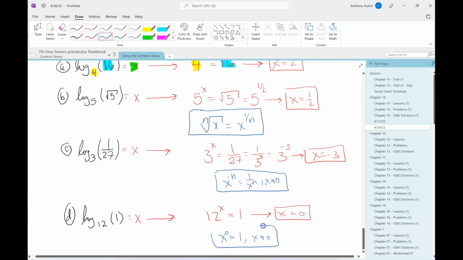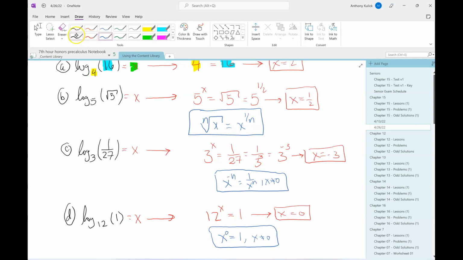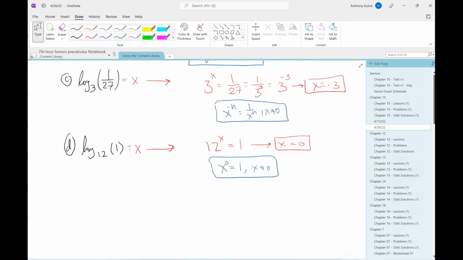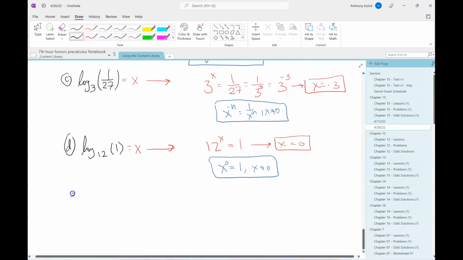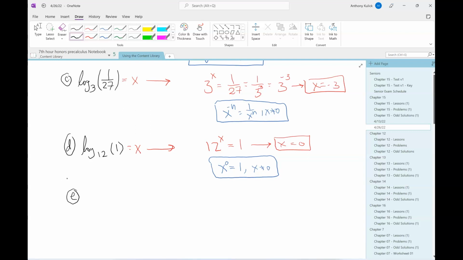What's 0 to the 0? It's undefined. It's actually indeterminate, which is the technical term for that situation, because depending on how you look at that problem, you could get 1 or 0, or a couple of different things. That's not the world we want to live in in mathematics.